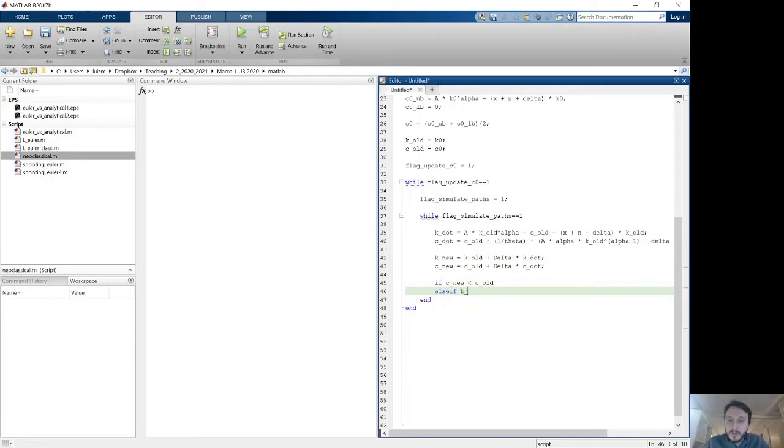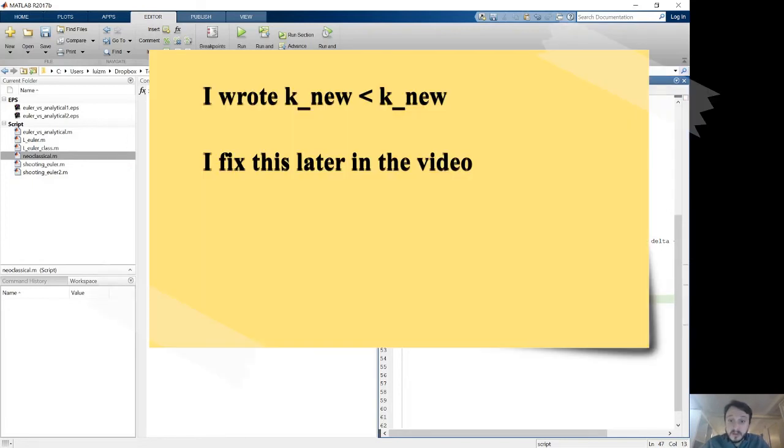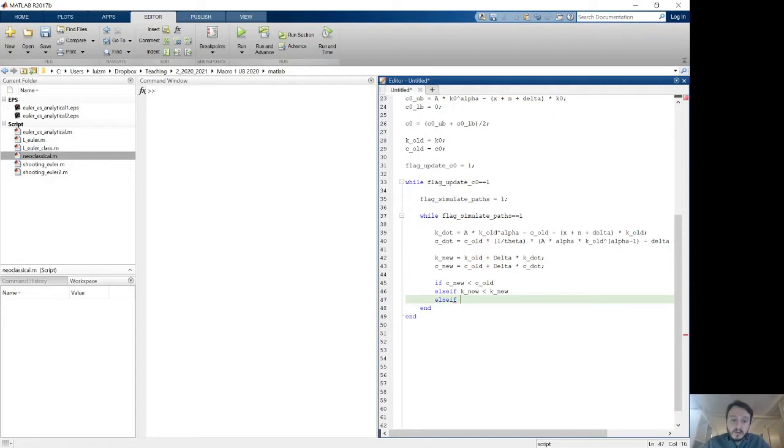Else, if capital starts decreasing, we will do something else different. Another thing that can happen is that capital and consumption are close to steady state, where we'll write some part of the code here, and then something else can happen that we will talk about in some minutes.